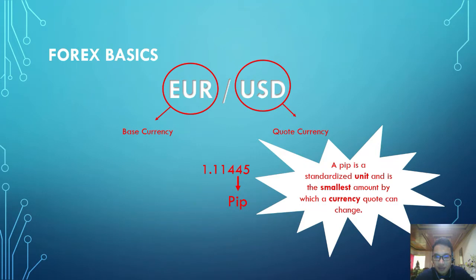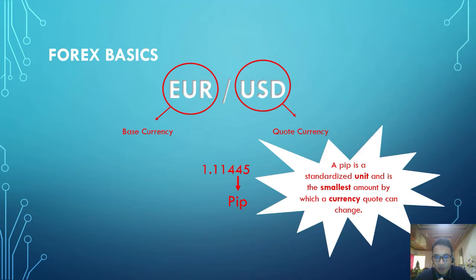You might be confused why, if it is the lowest unit, some brokers quote until the fifth decimal place for these pairs, and three decimal places for Japanese pairs.